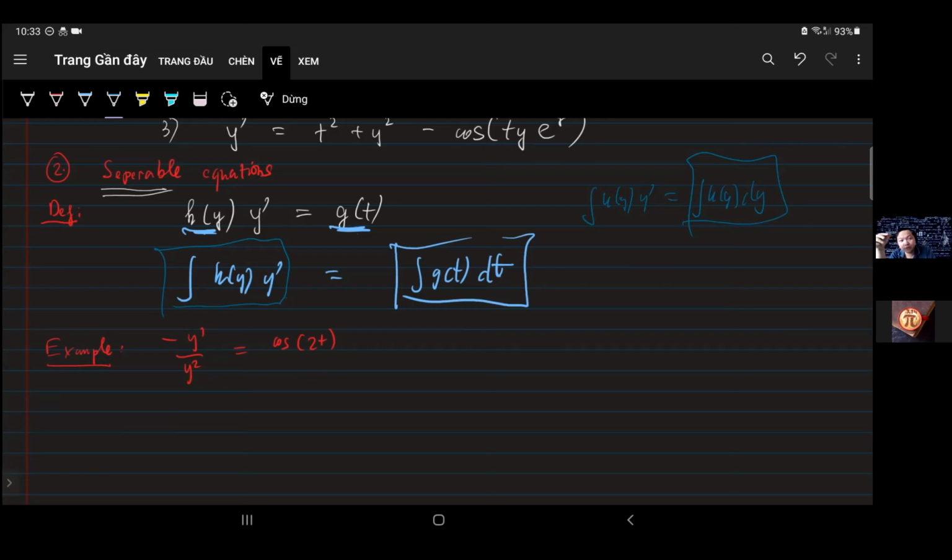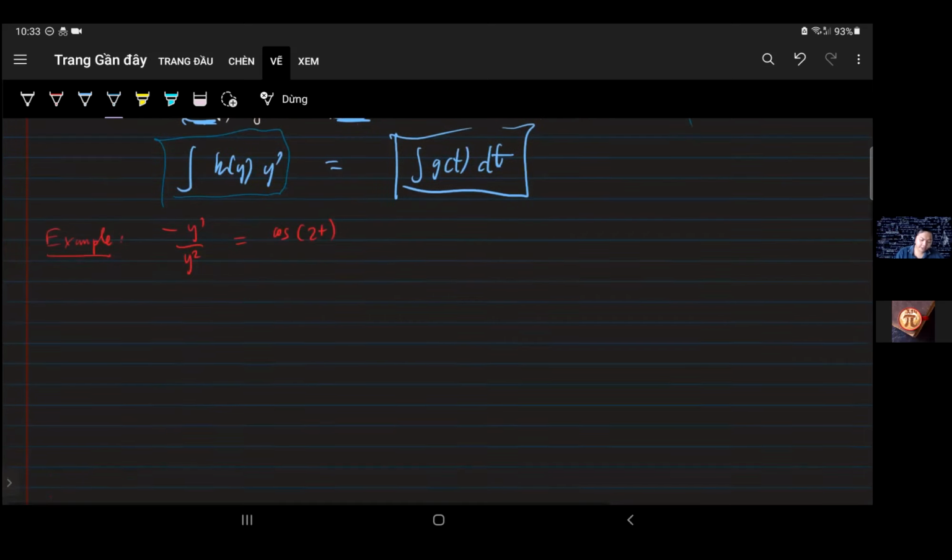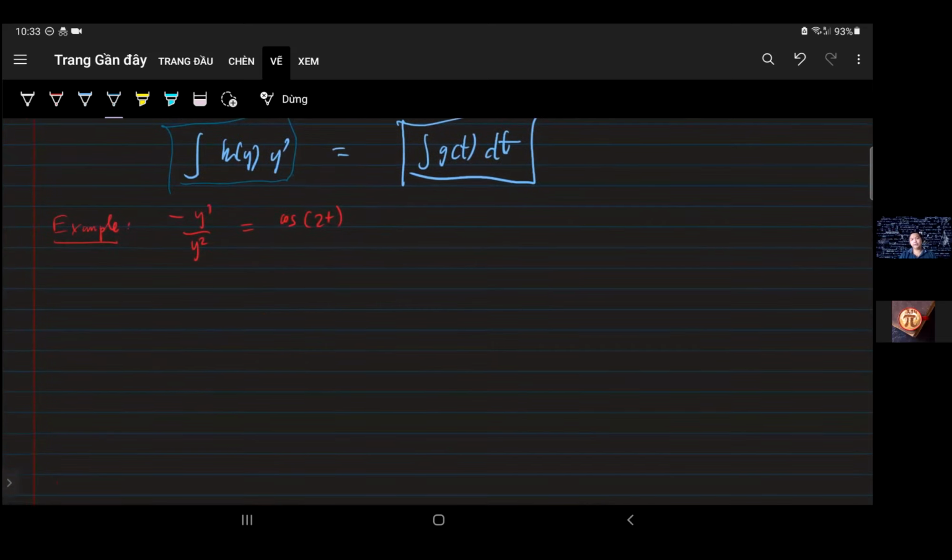It's easy to compute, but some difficult functions, maybe you are not able to compute the integral. Don't worry, you just need to do a simple one to get the idea, understand it, and somehow solve it.